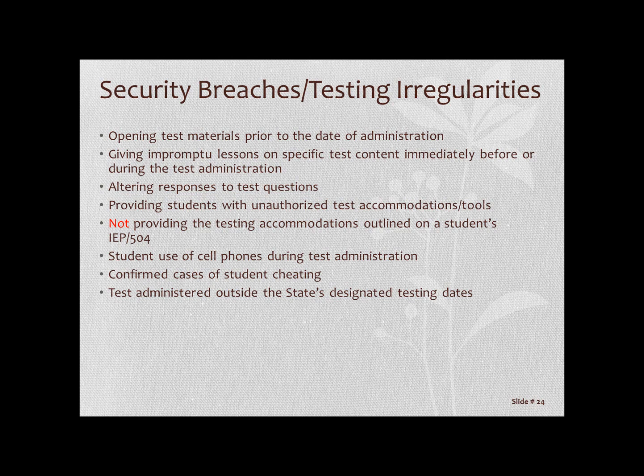Students' use of cell phones during the test administration, confirmed cases of student cheating, and any tests administered outside the state's designated testing dates. Regents testing dates are very rigid.